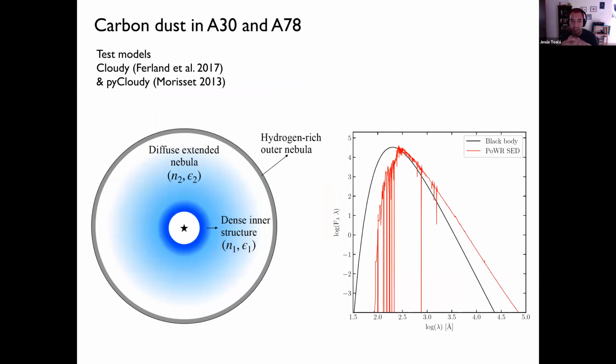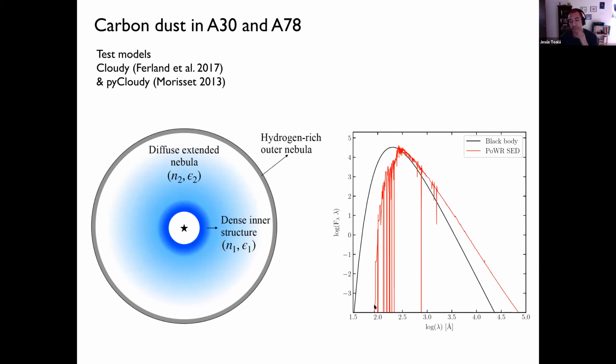In our test models, we use initially a dense inner structure, which has dust, and then this diffuse extended nebula, which will also have gas and dust. And then we didn't include the hydrogen-rich outer nebula because for us it's just contamination.